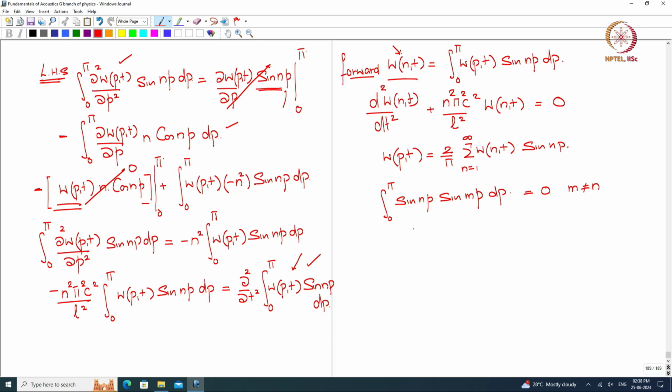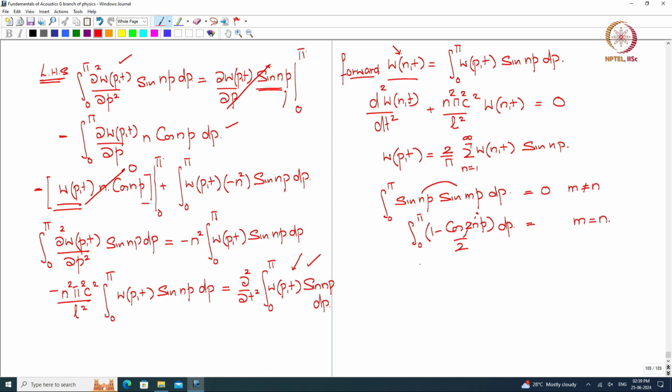When m equal to n, we have sine square np, which is 1 minus cos 2 np by 2 dp, and the cosine term integrates to 0.